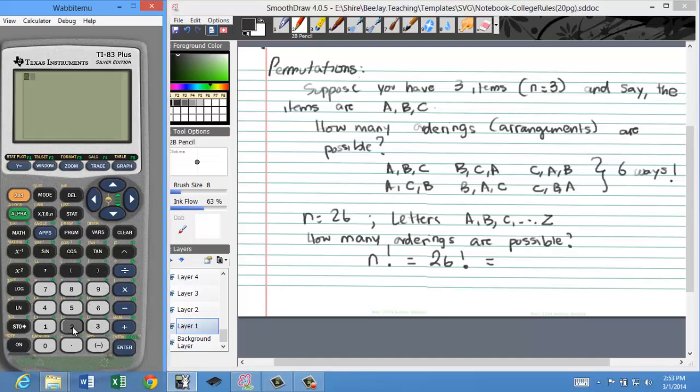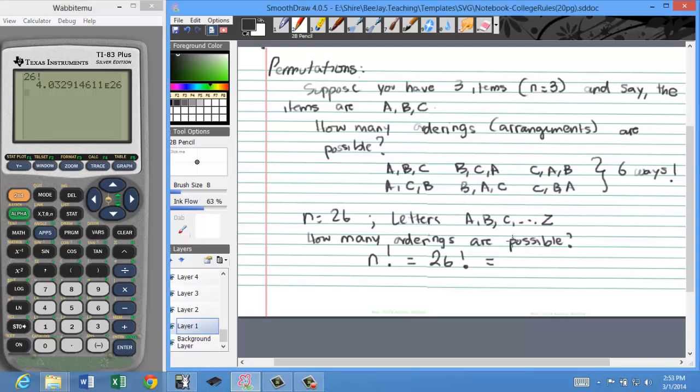we're going to make use of a calculator. So 26, math, over to factorial and press enter. That many number of possible ways. So approximately I could say it's 4.0329 times 10 raised to 26 ways.